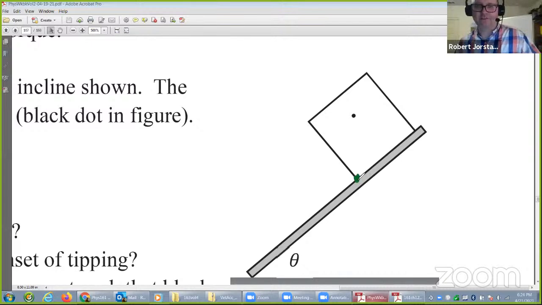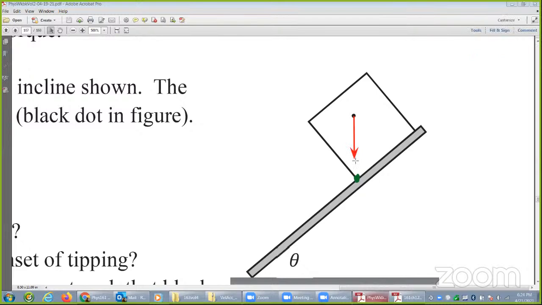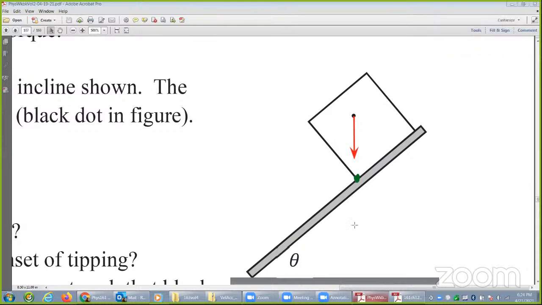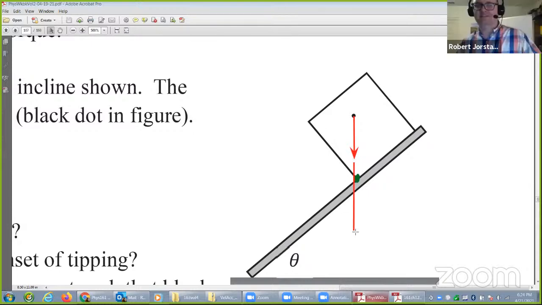Now, I happen to draw this thing at just the right spot so you could see it, I hope. Which way does gravity point? Down. Straight down. Now I'm going to cheat and draw the line of action with the line here. Is that dot the center of mass? Yes, that's the center of mass of this block.